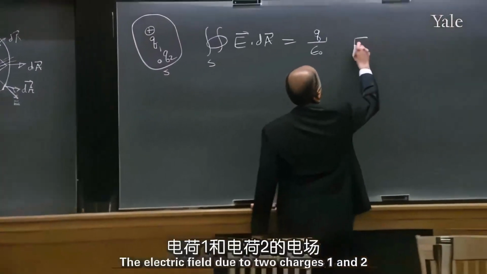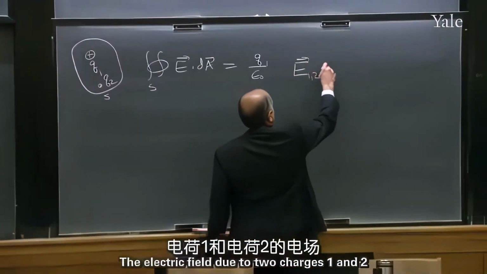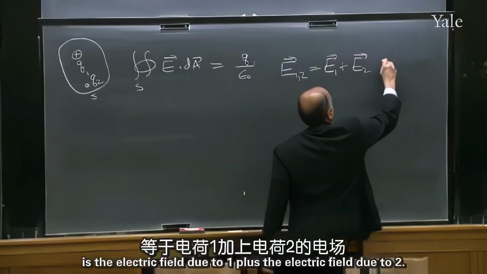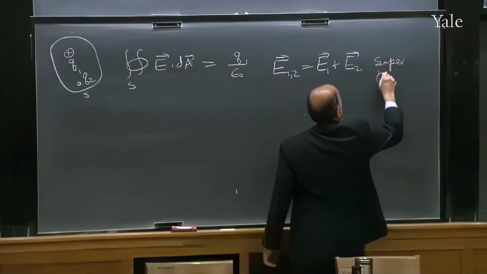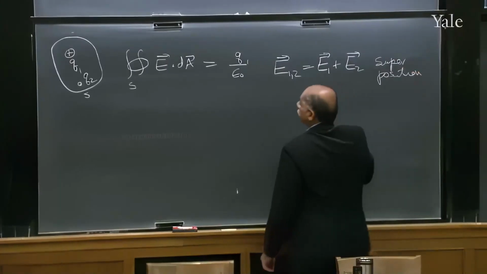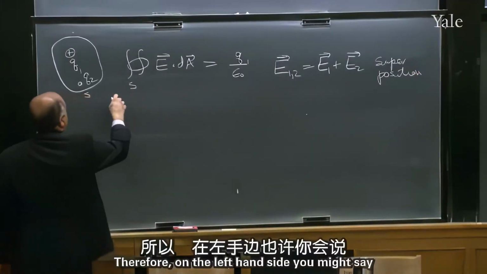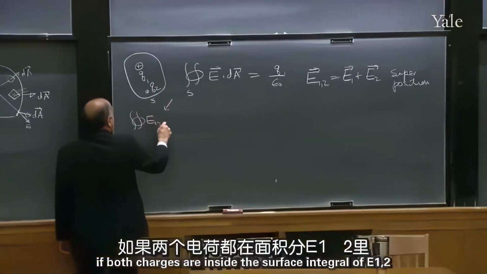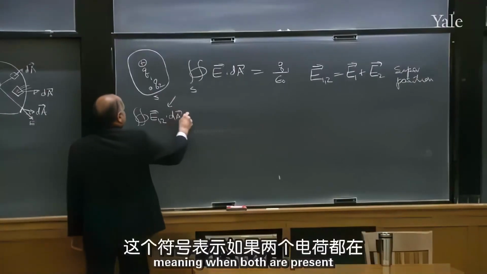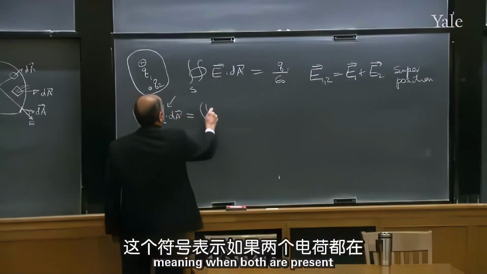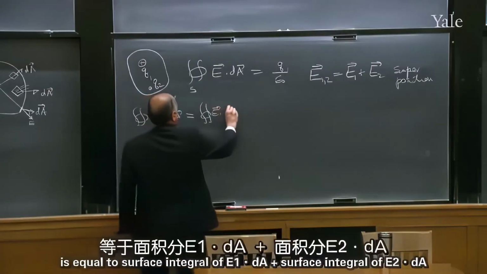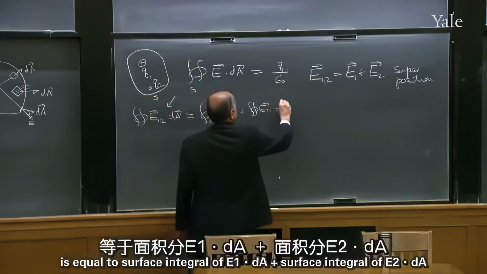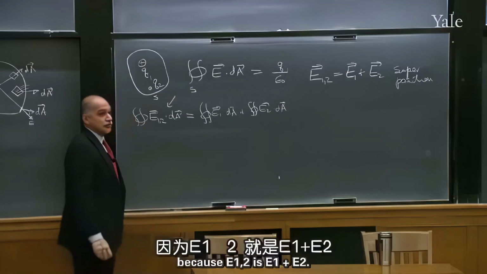The electric field due to two charges, 1 and 2, is the electric field due to 1 plus the electric field due to 2. That's the great principle of superposition. Therefore, on the left-hand side, if both charges are inside, the surface integral of E1,2, meaning when both are present, is equal to the surface integral of E1 dot dA plus the surface integral of E2 dot dA, because E12 is E1 plus E2.